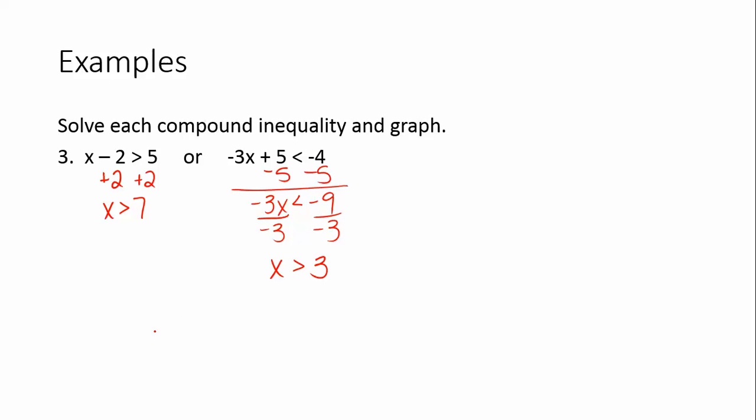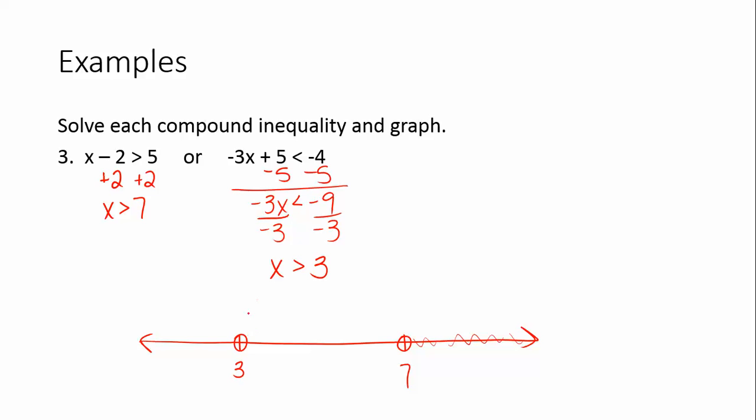So this is an or inequality, so typically we shade on the ends. But we need to be careful that we're still paying attention to the symbols. So here we have greater than 3 or greater than 7. If we shade lightly the first inequality, greater than 7, we'd be out here. But the second one says x is greater than 3. Notice we had to flip the symbol because we divided by a negative.